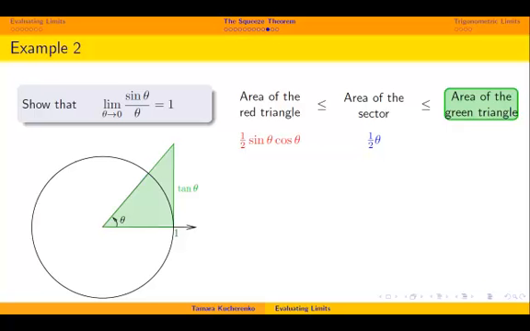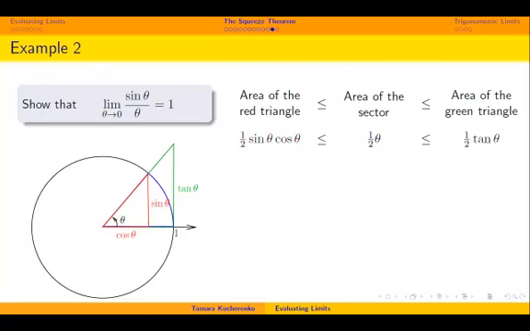The area of the green triangle is 1/2 tangent theta. We have therefore shown that 1/2 sine theta cosine theta is smaller than 1/2 theta, which in its turn is smaller than 1/2 tangent theta.